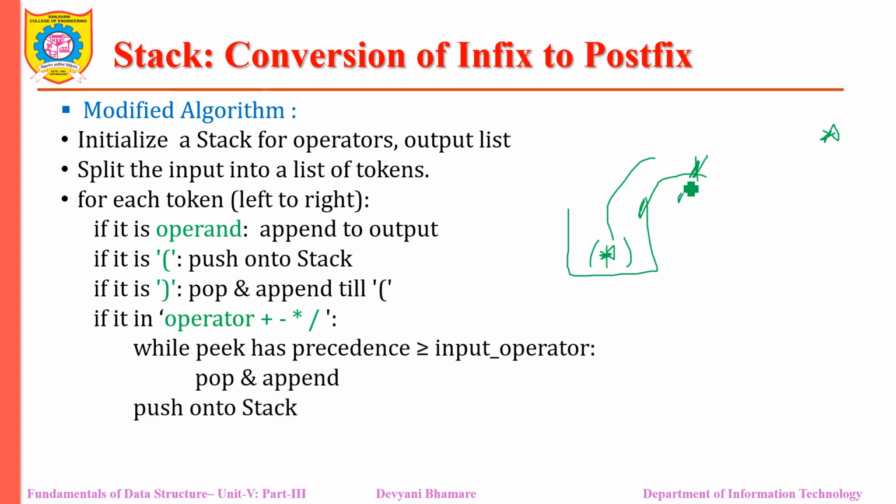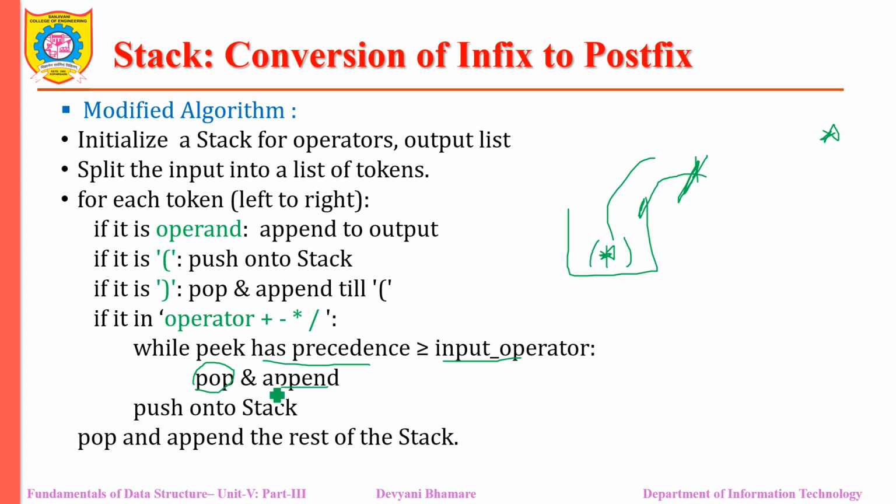So we need to check the precedence of our stack top and compare it with our input operator. If the precedence of the stack top is greater than or equal to the input, then we pop from the stack and append it to the output list. If it is not the case, then we push it onto the stack.